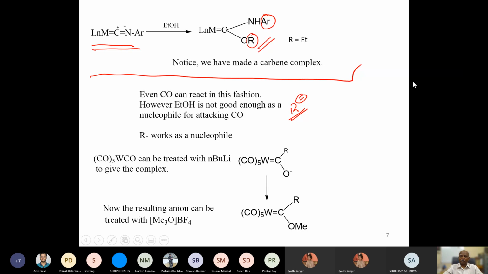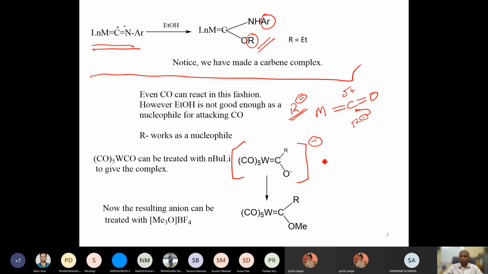If I have the resonance structure, double bond C, double bond O, this carbon is delta plus, so R minus attacks the carbon, and it results in a species which is negatively charged. This is again the species which Fischer generated. We'll come to that in a moment.